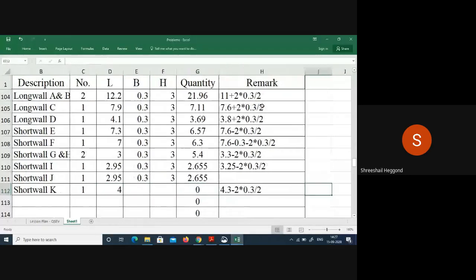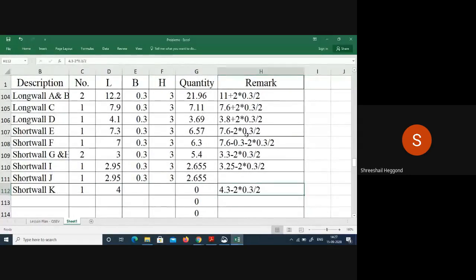Now, one more reduction you have to do in the 4.3 wall, that is minus 0.3. Therefore, the length will be 3.7, 0.3 and 3. Quantities are calculated. You can calculate the sum of all.